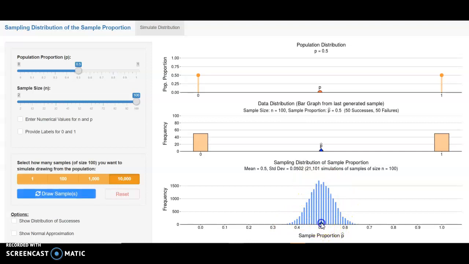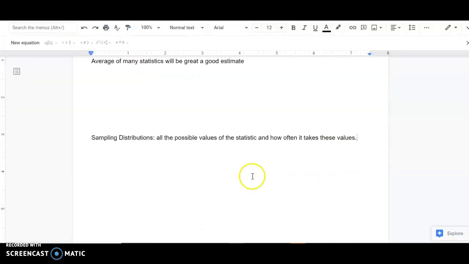Because if I say 0.5, we can see how many times 0.5 occurred, and how many times 0.6 occurred, how many times 0.51 occurred. So we're seeing all the different values and how often they happen. That is what a sampling distribution is. And we'll do specific examples of a sampling distribution for a proportion, a sampling distribution for a mean, a sampling distribution for the standard deviation. Every statistic and parameter pair is going to have its own sampling distribution, but we can figure out how these relate its statistic to its parameter.